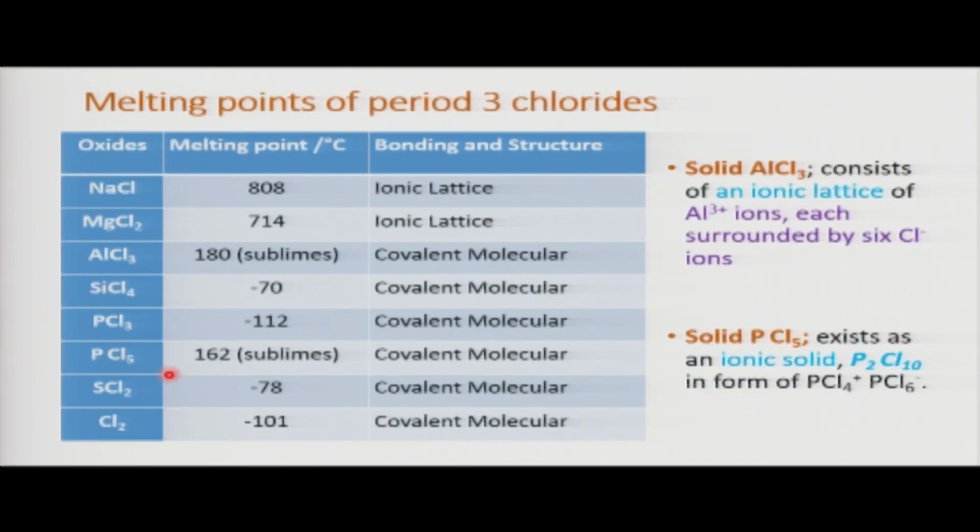Same applies to phosphorus pentachloride. In solid form, it is an ionic solid with this kind of structure. We looked at this anomalous behavior, and I stressed the point that it will affect its melting point relative to other covalently bonded molecules, if you recall from the previous lesson. And here it comes. So basically that is it.